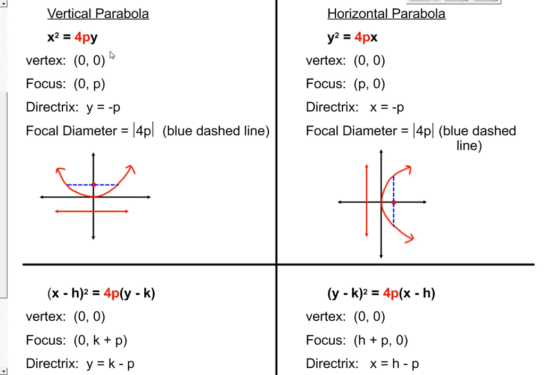So in essence, both sides here are 2p. You've got 2p on this side and 2p on the other side to total up 4p. Same thing over here: this is 2p from the focus to the edge of the parabola, and on the other side as well is 2p.